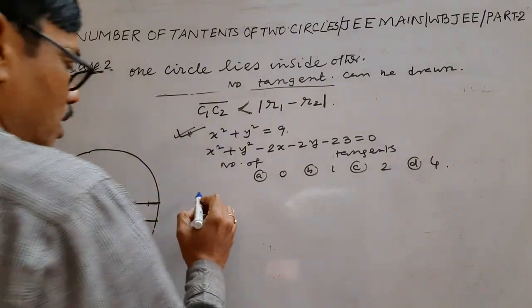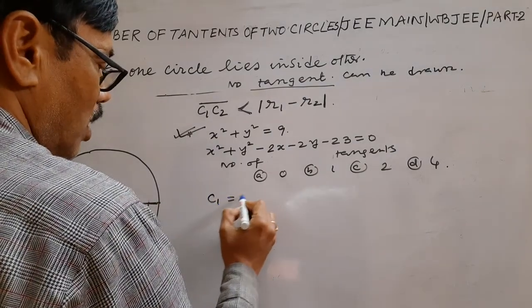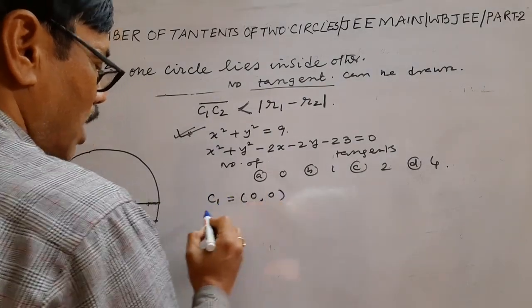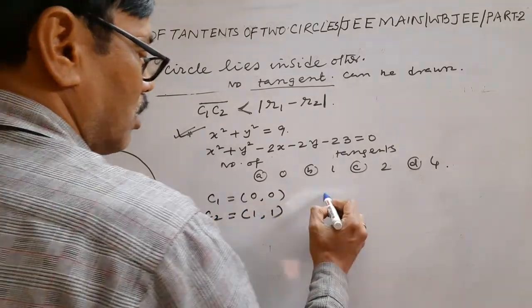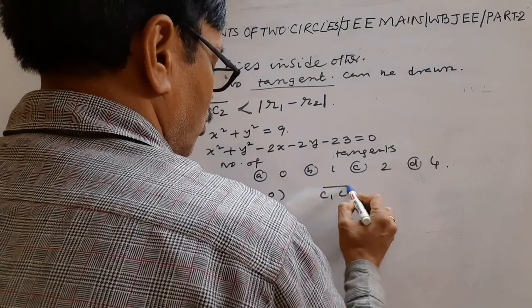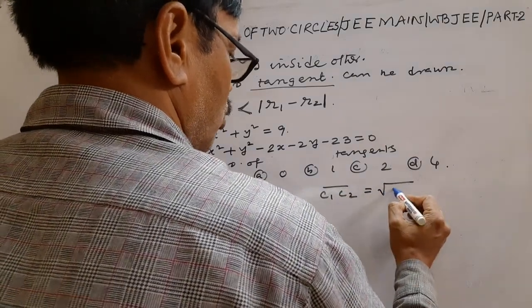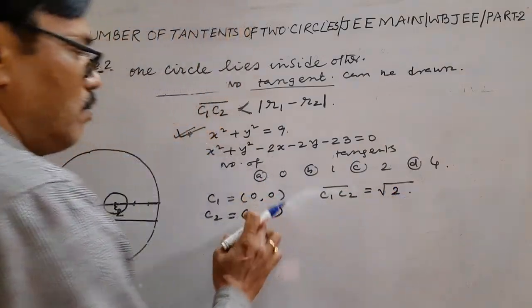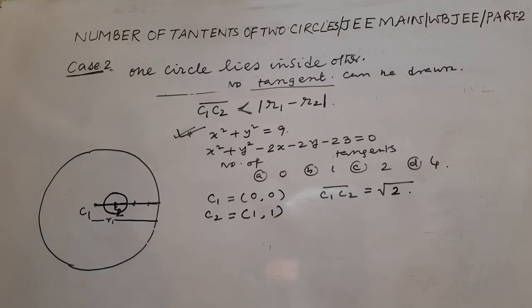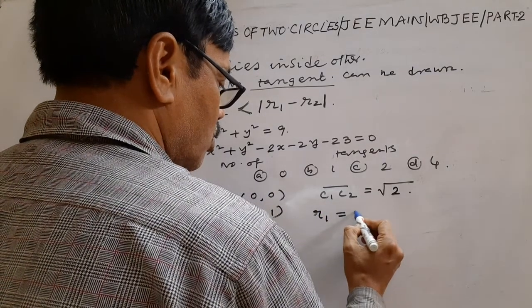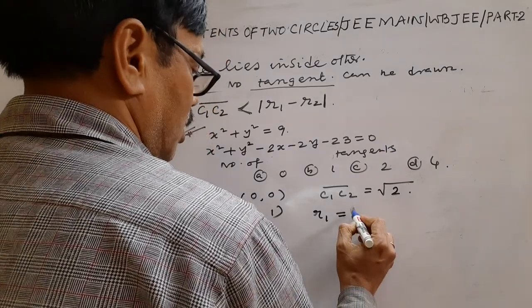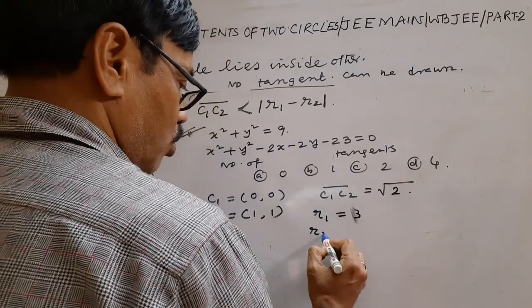So we have to find C1. C1 is (0, 0). And what is C2? C2 is (1, 1). So C1C2 equals root of 1 plus 1, so this is root 2. So R1 equals 3. And what is R2?